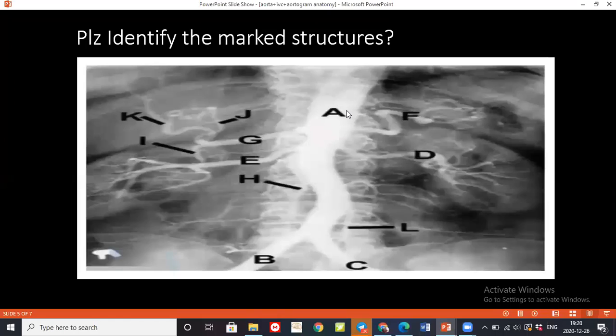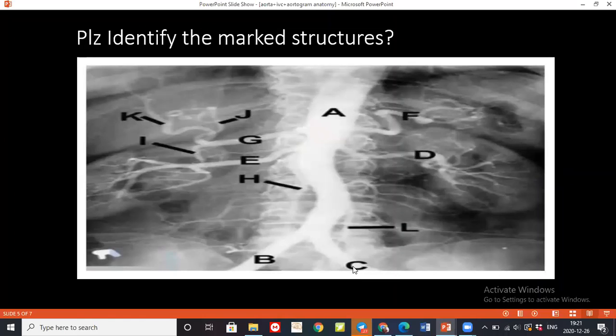What is A, please? Can you identify A, please, and then B, C? Dr. Mohammed, are you there? A is the abdominal aorta, and B is the right common iliac artery.